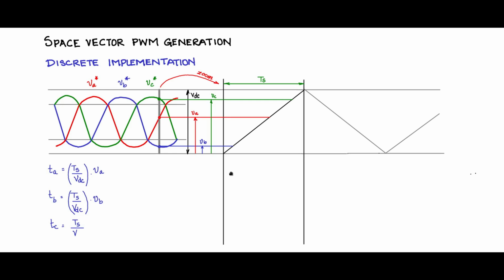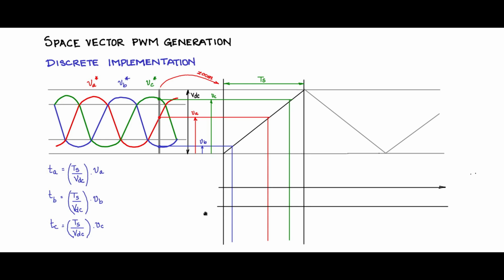TC is TS by VDC into VC, giving a time corresponding to VC. If you drop that down, you will see these times TB, TA and TC, but there is some small modification, I'll come to that later. Essentially the principle is that the voltage amplitudes are converted to times in the time scale by this conversion ratio TS by VDC.